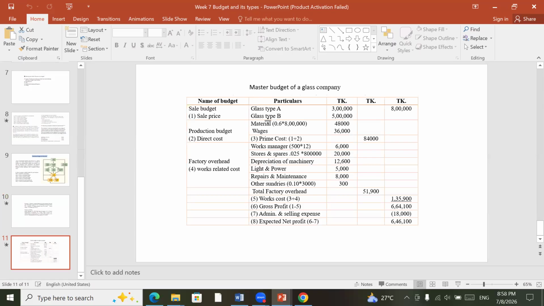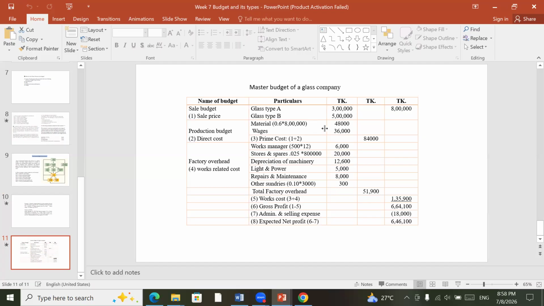At first, the sales budget. In the sales budget, selling price: glass type A 3 lakh, glass type B 5 lakh, total 8 lakh. Sales budget is the heading. Then the production budget and production related items, direct cost. Materials 6% of total sale, 48,000, and wages 36,000.